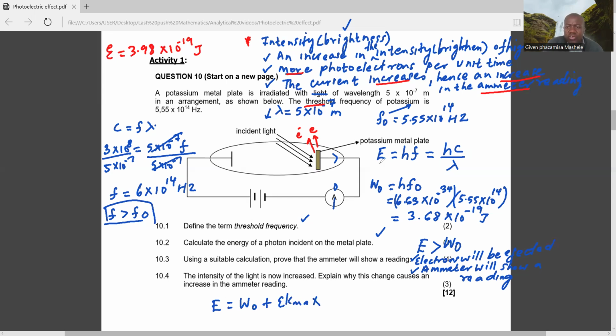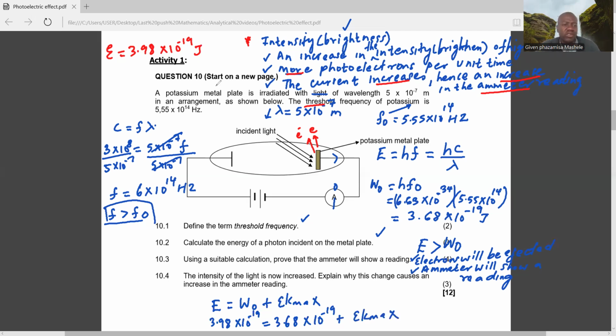We know the energy of photon, we have calculated it is 3.98 times 10 to the power minus 19. What is the work function? The work function is 3.68 times 10 to the power minus 19 plus the EK max.